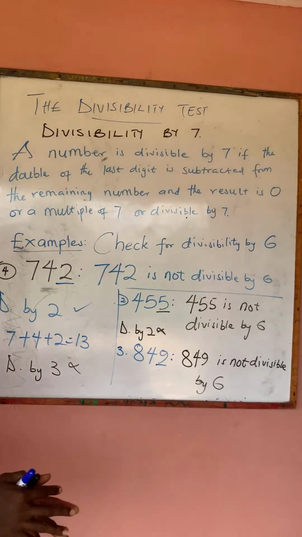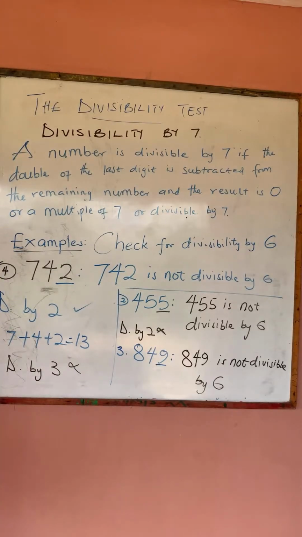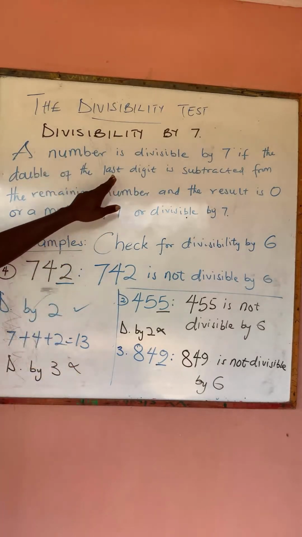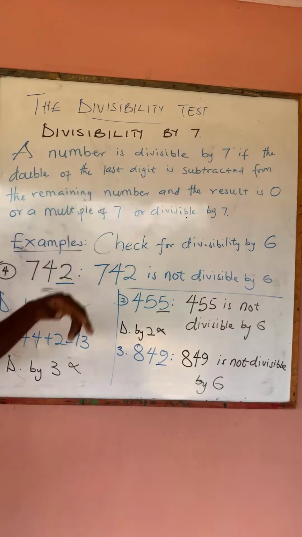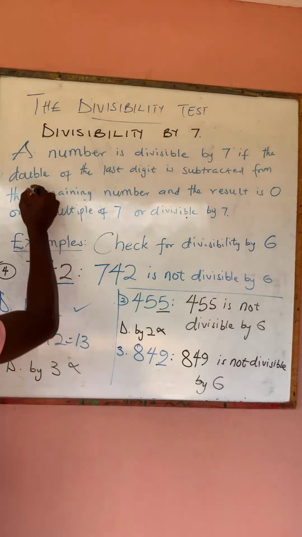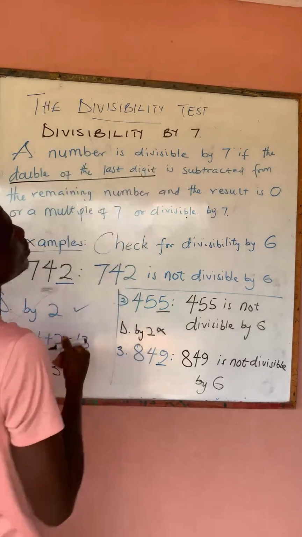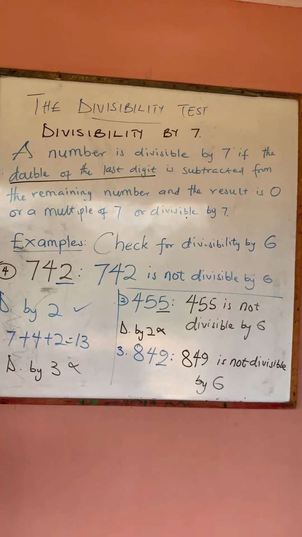Let me say it again. A number is divisible by 7 if the double of the last digit is subtracted from the remaining number and the result is 0 or a multiple of 7, or is divisible by 7.